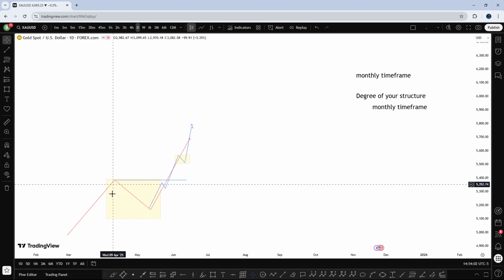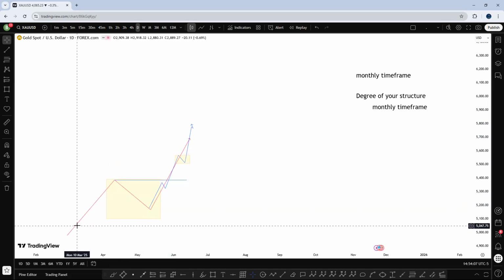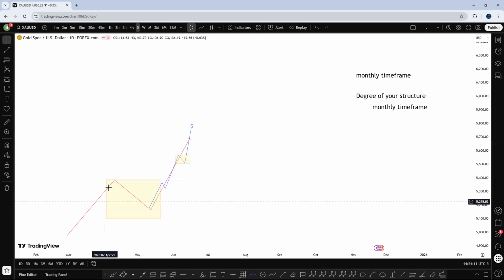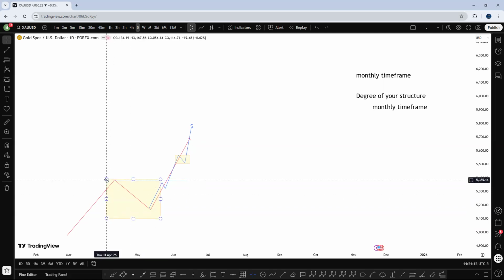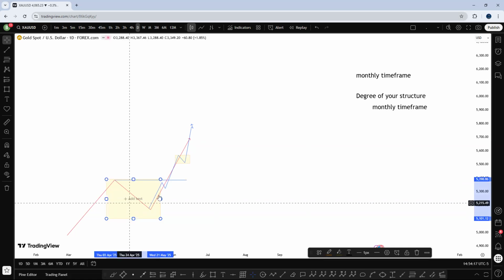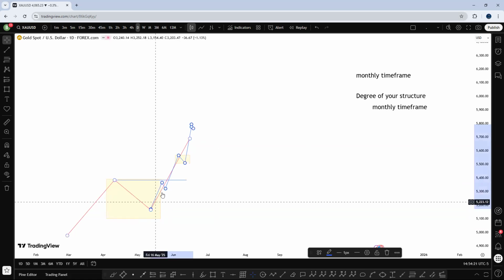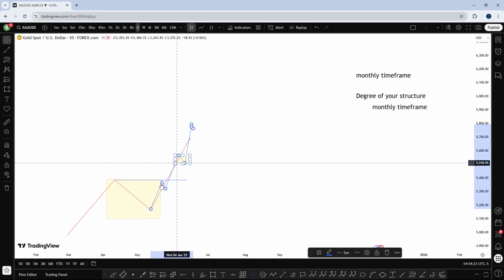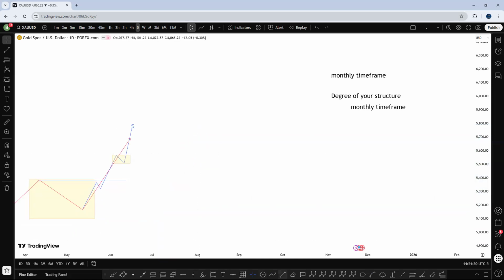So on a monthly time frame, the red line you see is your major structure. Now, once you switch to weekly, you are seeing something like this, the structure the market is using to create a trend. Now, assuming you are starting a new week, the price is here.